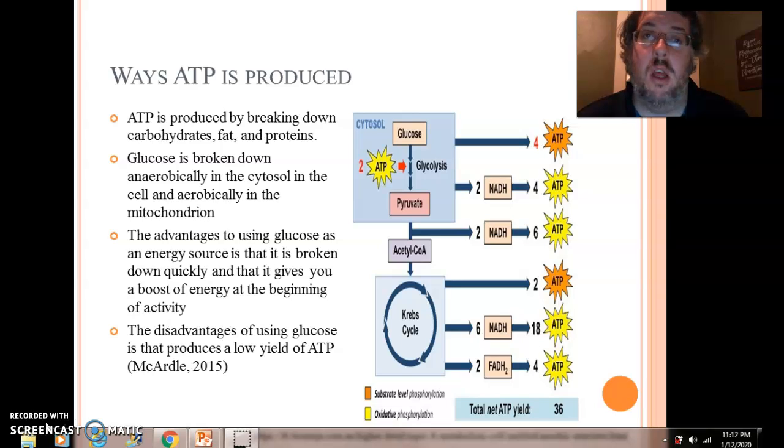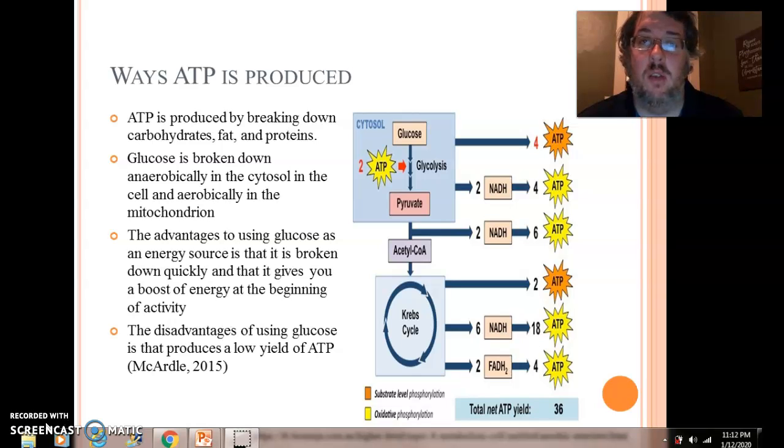When it's in the cytosol, it is broken down into pyruvate using oxidation and reduction. During this process, glucose comes in contact with NADH and acetyl CoA.